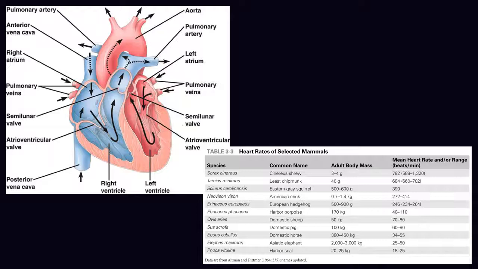A shrew heart, if you were listening to it, you couldn't even make out the individual beats, whereas if you were looking at a Phoca vitulina, that's a type of seal, a harbor seal, says right there, you only have 18 to 25 beats a minute. You might be wondering, is my stethoscope working, before another beat came along?